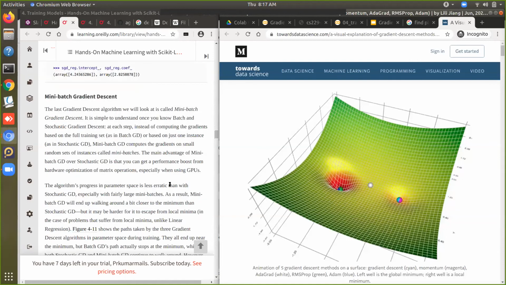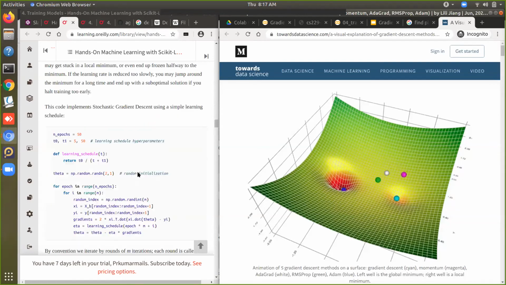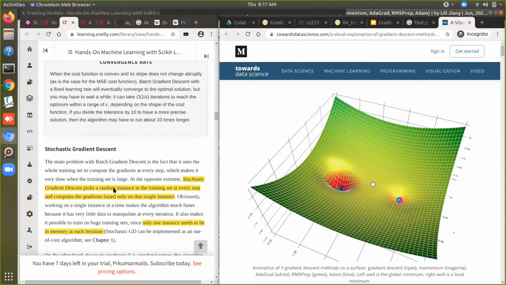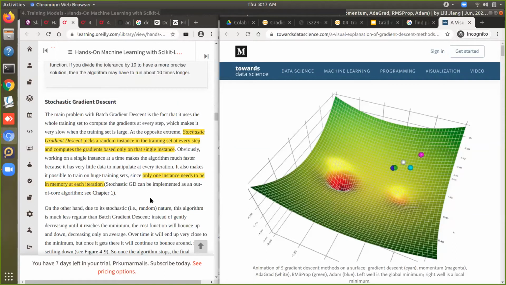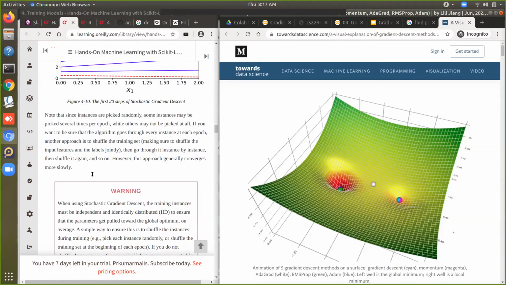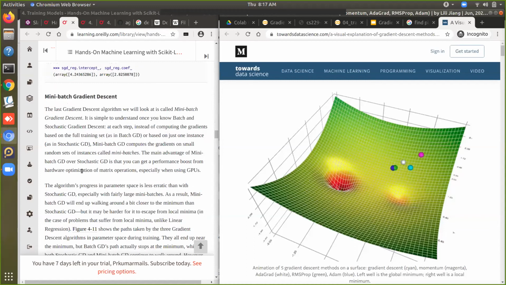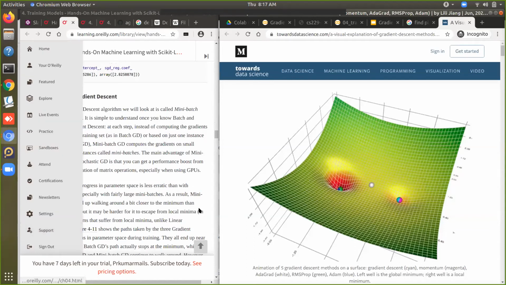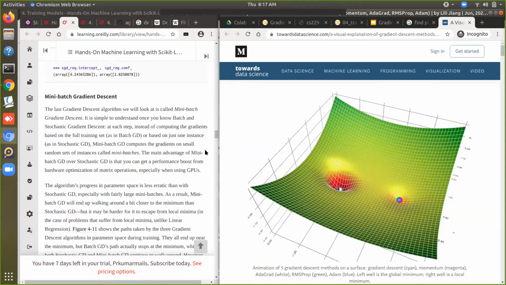In stochastic gradient descent, for every input example, we compute the gradient and update the parameters. In mini batch gradient descent, we accumulate some examples till some count.